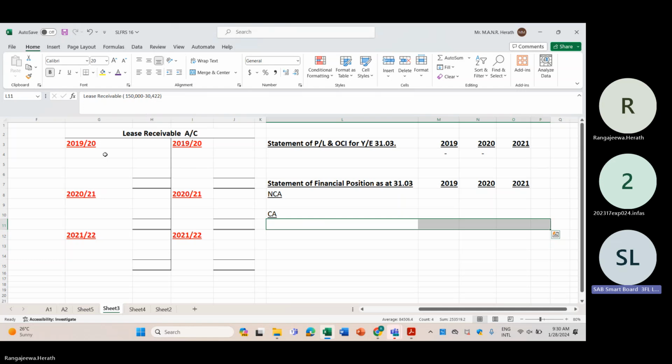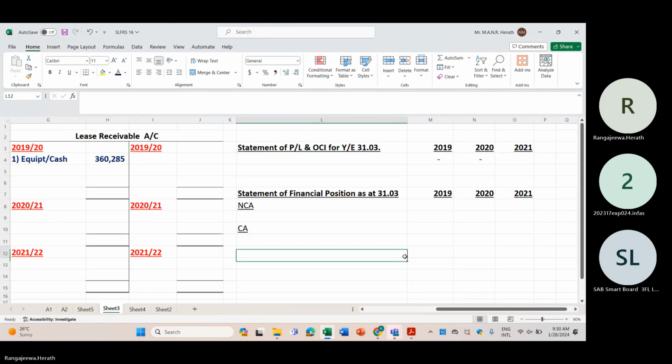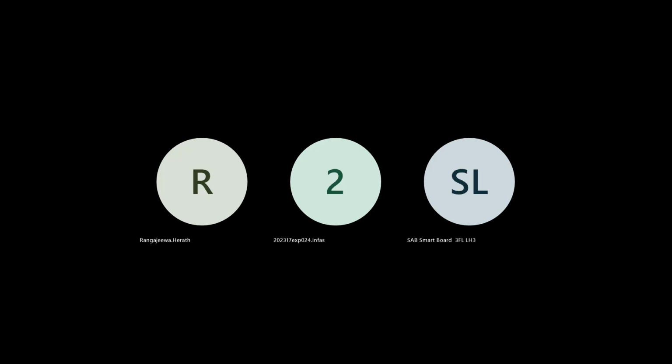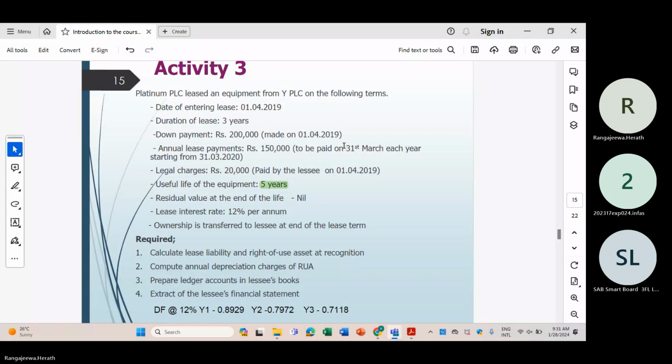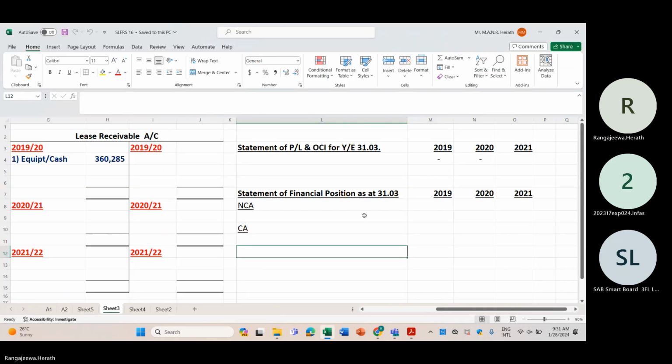Cash is credited and lease receivable is debited. And we can have the lease receivable account.